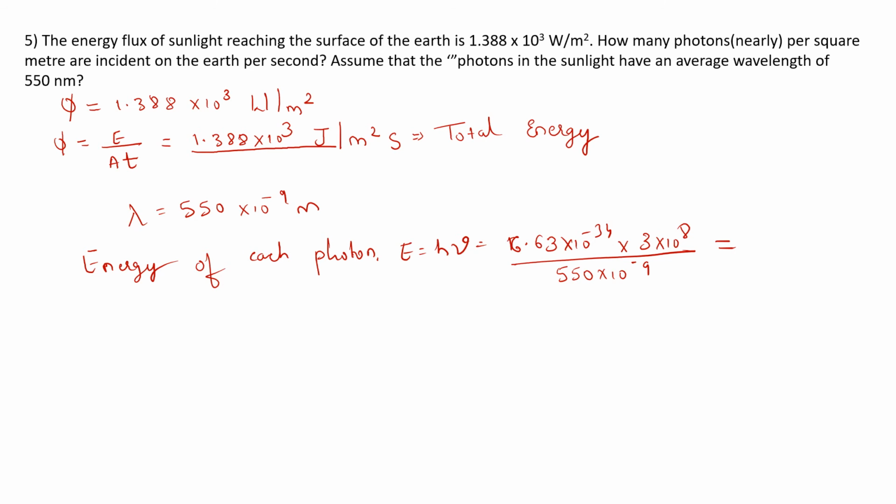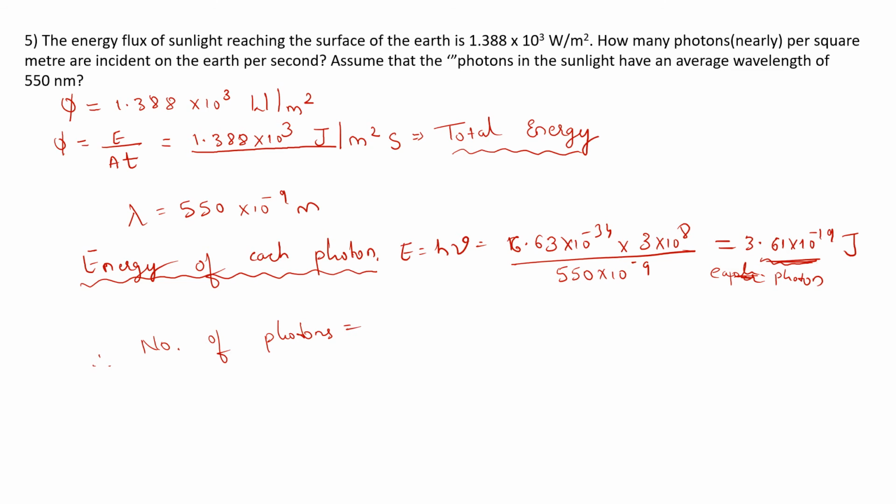If you calculate this, you will get E as 3.61 into 10 to the power minus 19 joules. This is the energy per photon, or each photon. But we want to find how many photons are emitted. So from these two parameters, energy of each photon and total energy, what we can calculate is the number of photons.